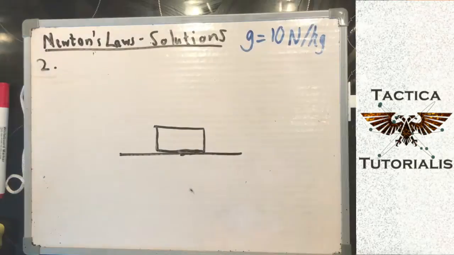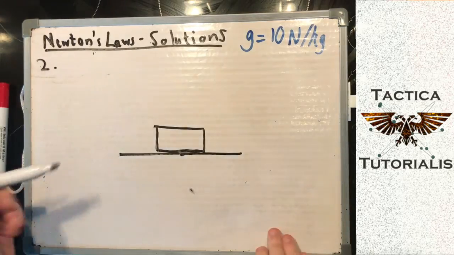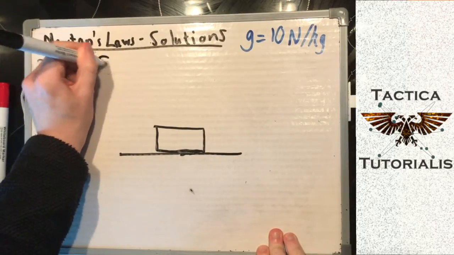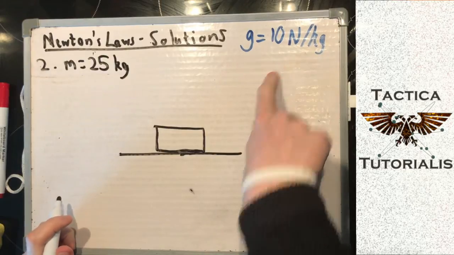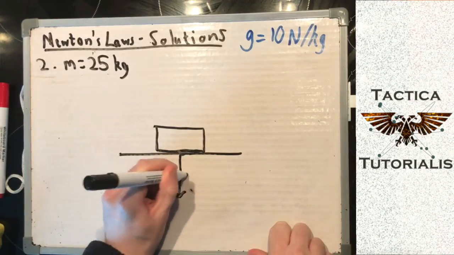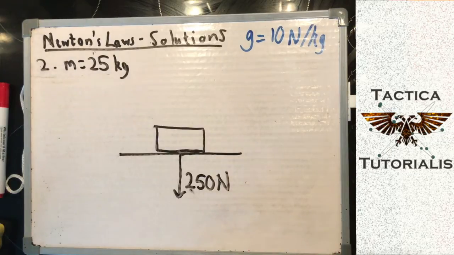Okay, question 2 is a little bit more complicated in many ways, because now we've got 4 forces in play. So, first one, we have the object's mass, which we are given as 25 kilograms, which, because we're using G equals 10 and weight is mass times gravitational field strength, we have a force of 250 newtons down, and that is the weight of the object.